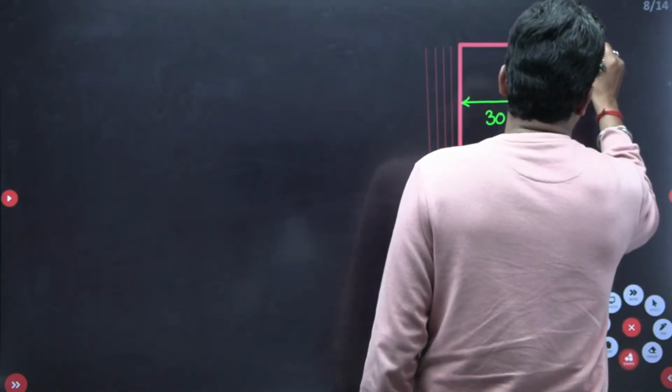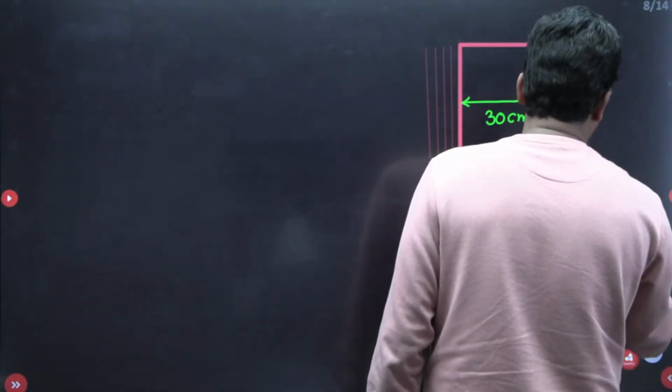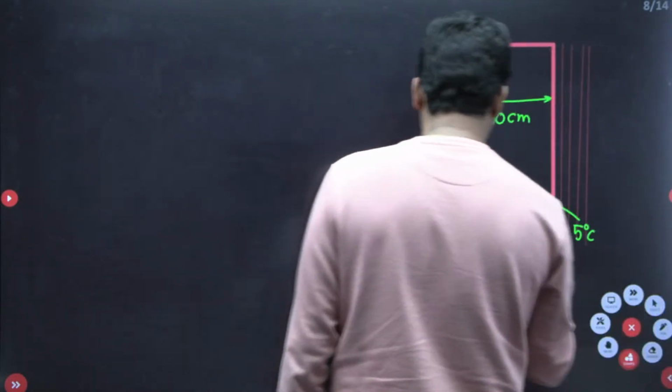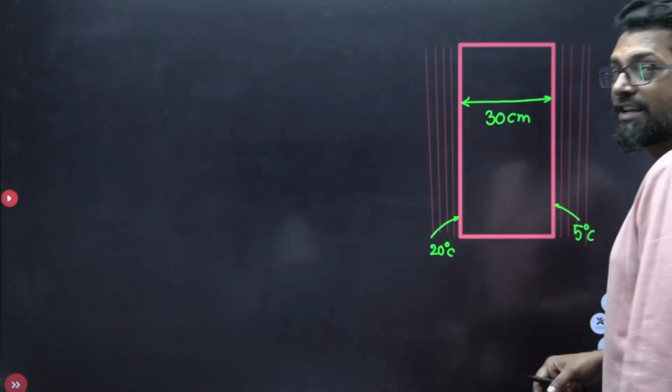Okay, this fluid has a temperature, it is given. Let's suppose this is your wall temperature on the left side, this is your wall temperature on the right side, and the outside temperature is given.